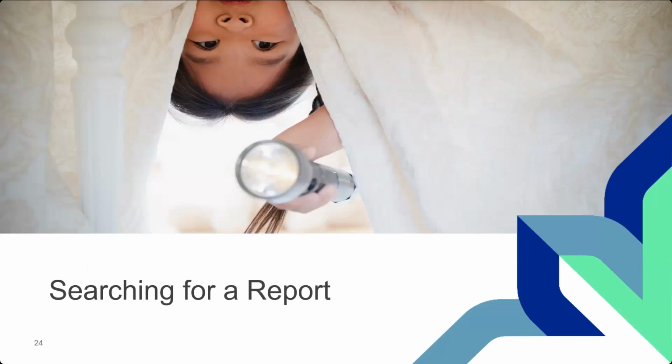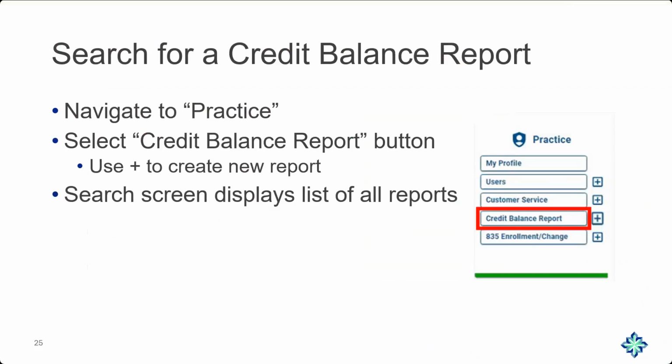So after submitting your credit balance, you'll undoubtedly, at some point, want to check the status of it, or perhaps you need to go back and look at a credit balance that was submitted in the past. And so that's what we're going to talk about next, searching for a report.